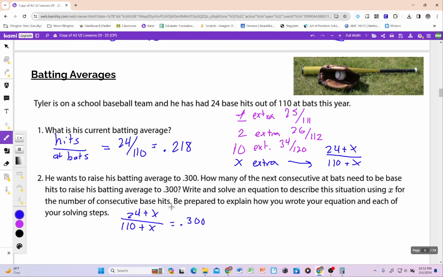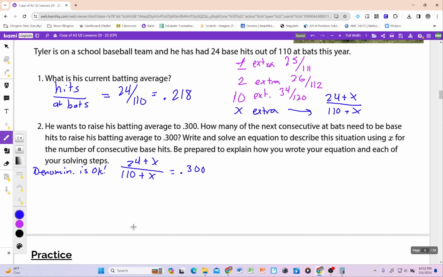So we don't have to worry about this ultimately becoming 0. It's not so much x can't be 0, it's the denominator can't be 0. So I'm going to make a mark over here and say denominator is okay. All right, so let's go ahead and solve.